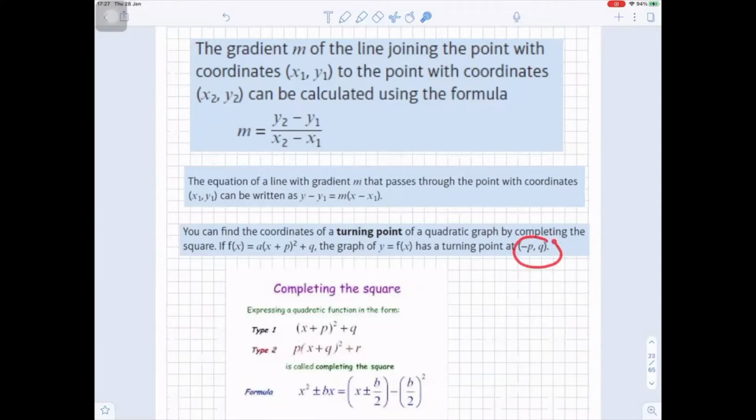So very important, the ones I've circled, we're going to use them to do this question. And when you complete the square, this p bracket x plus q all squared plus r is the same as this. And this just shows you the way to complete the square. So we need all these ideas to do this question.